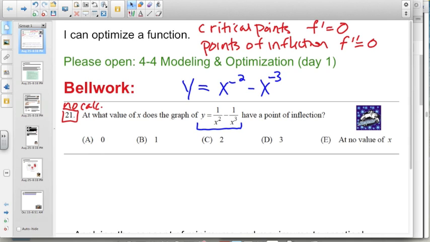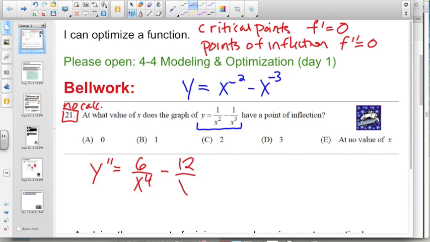Okay, so most people are getting this as their second derivative. Actually, all of you are getting that as your second derivative, which is correct. And I see people are setting that equal to 0, which is also correct.